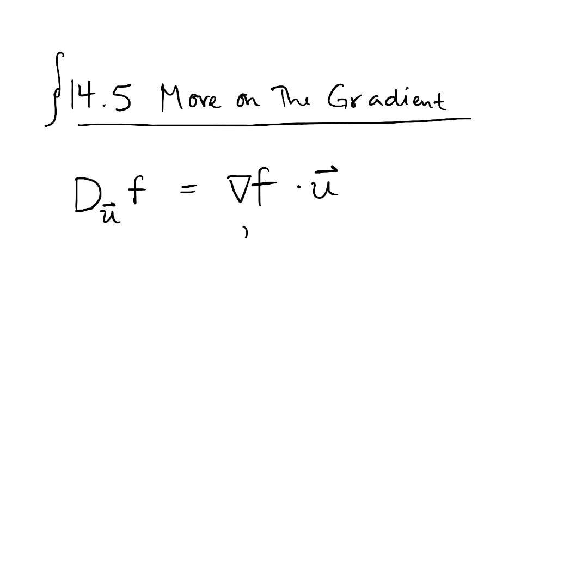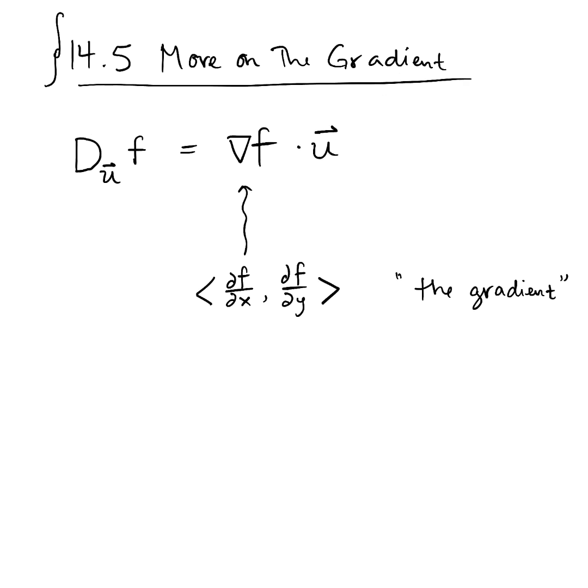So this object here, say for a function of two variables, is just the vector with x partial in its first coordinate and y partial in its second coordinate, and that's called the gradient. This relationship between the slope in the direction u and this vector called the gradient has some geometrical consequences that could be really useful to us. And that's what we're going to discuss today in this short video.